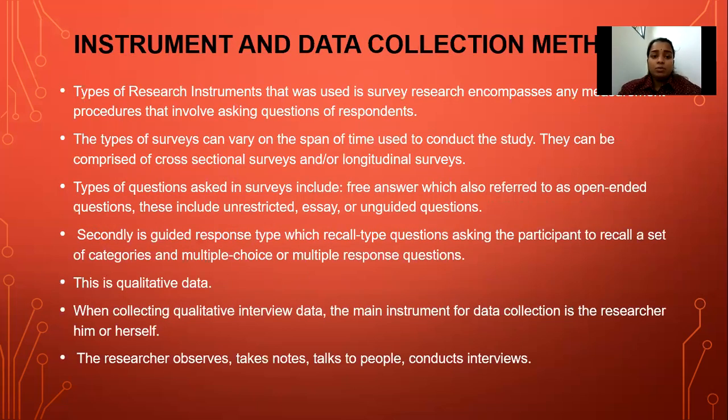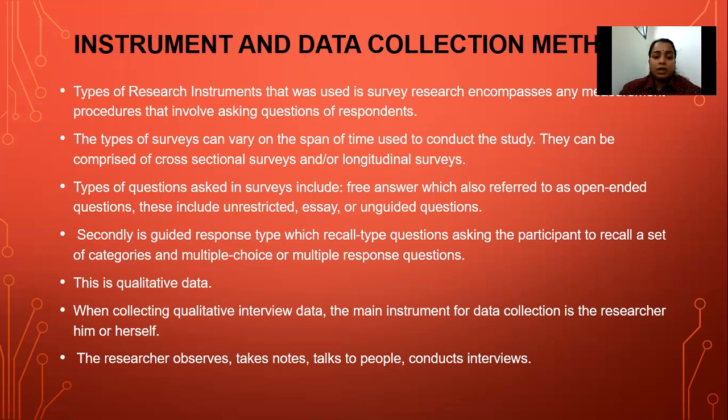For the instrument and data collection method, the type of research instrument used in the survey encompasses any meaningful procedure that involves asking questions of the respondent. The types of surveys can vary on the span of time used to conduct the study. They can comprise cross-sectional surveys and or longitudinal surveys.